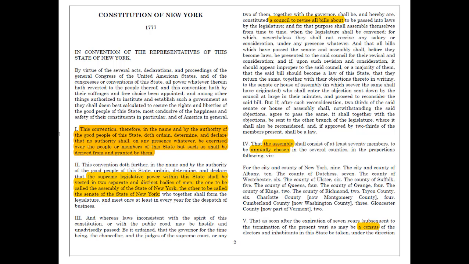So that authority of the good people of the state is the basis of popular sovereignty, right? So the first declared principle in the New York Constitution.